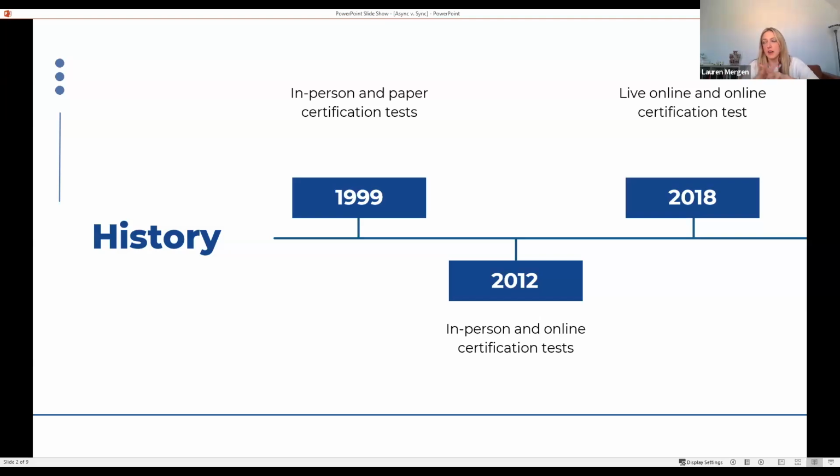Before we jump into that, I'll just give you a quick history lesson on TCOM training. So back in 1999, way back when, we had Dr. Lyons. He would do all in-person trainings and he would do paper certification tests. So if any of you were around back then, John used to run around the globe with his training deck, and he would present the CANS, ANSA, FAST to everyone that was at his training.